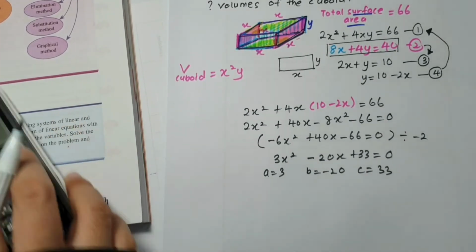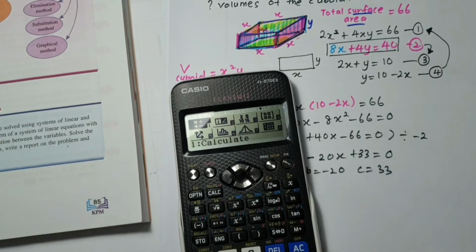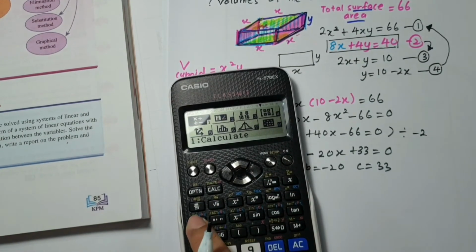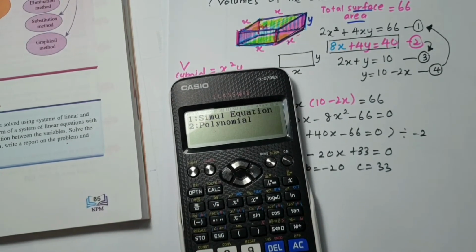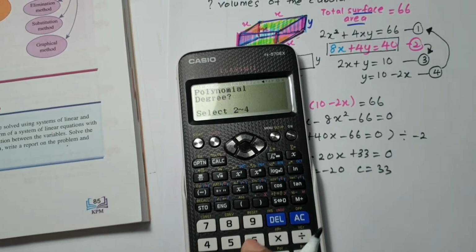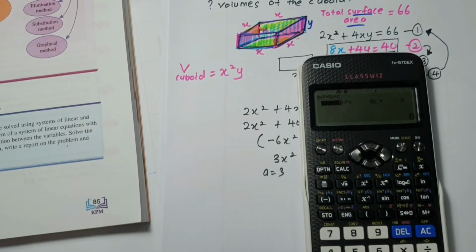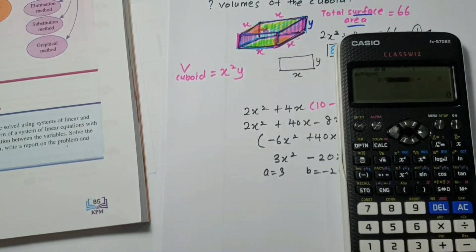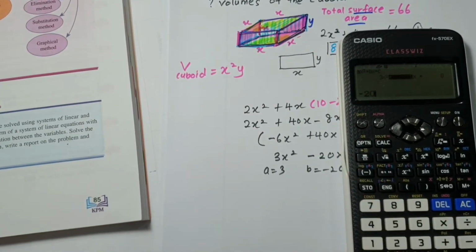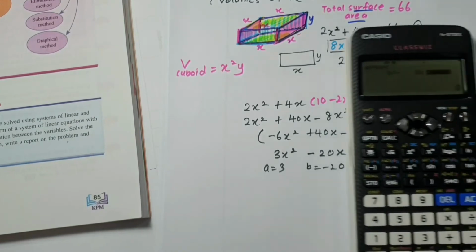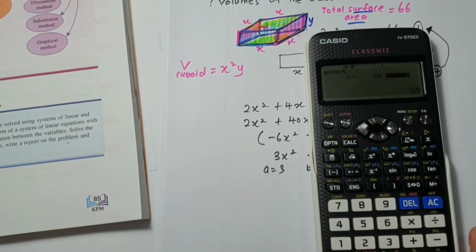Okay, let's use your calculator. Press polynomial, press 2, degree of 2, press 2. So A is 3, equal sign. B is negative 20, equal sign. C is 33, equal sign.